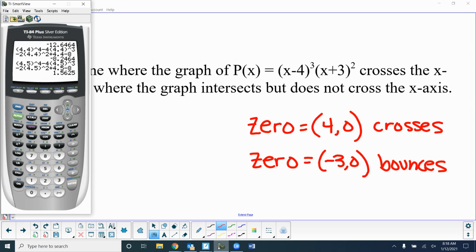If I put that in the calculator, just like that, put it in parentheses, x minus 4 to the third, and then x plus 3 to the second, and graph, all right?